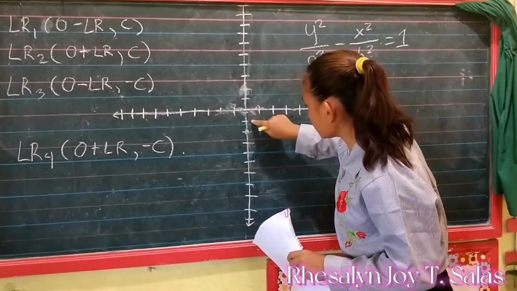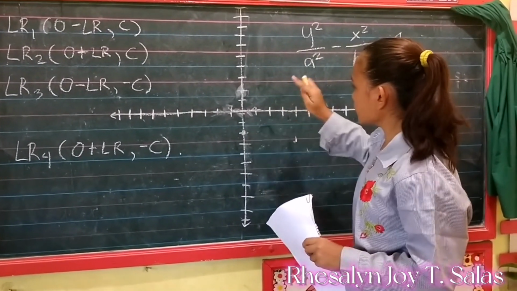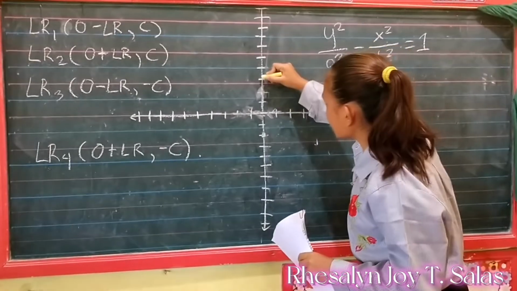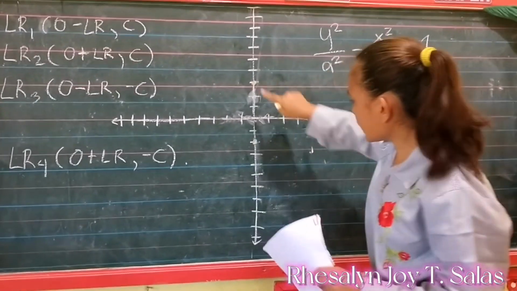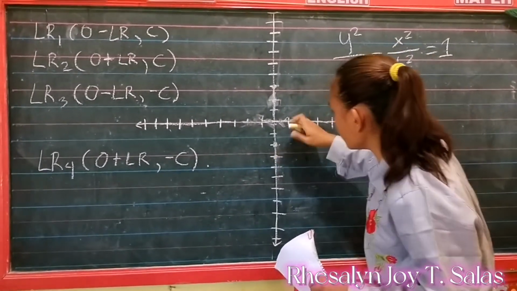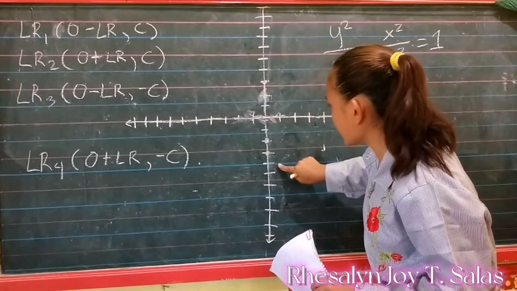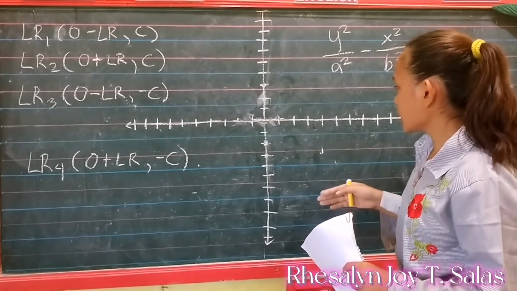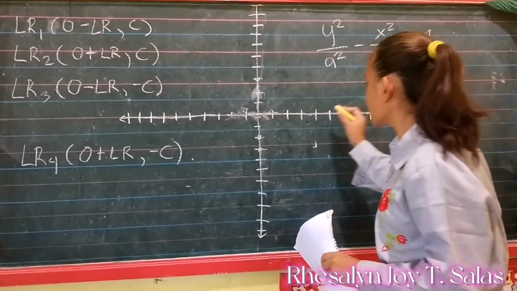So 1, 2, here is one vertex. Then for the focus, the focus is here, same as before, so we move 3 units here. Then the co-vertex is 4 units.